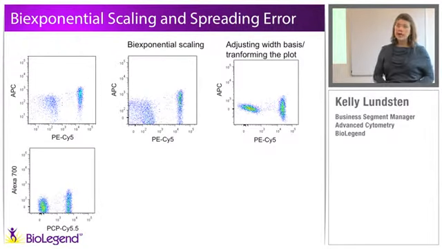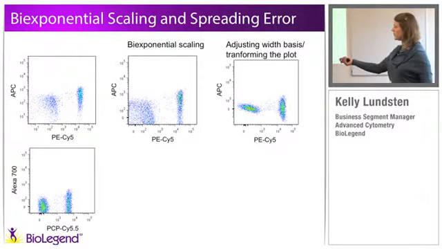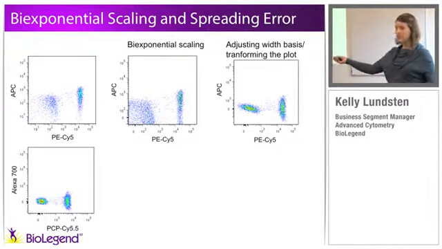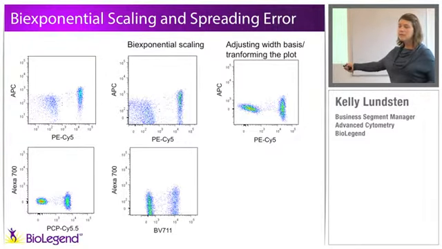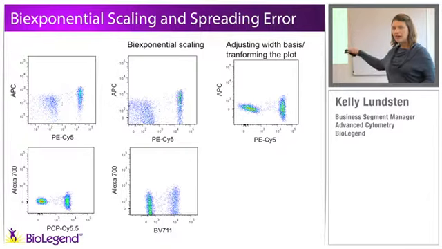So this is going to be true for any two fluorophore pairs where there is significant overlap. So in this instance, it's PerCP-Cy5.5 versus Alexa 700. This is Biexponential scaling and then transformed. BV711 versus Alexa 700. There's not a lot of spillover between these channels. But the PMT voltages that are applied to each of these PMTs often have a high disparity. And that's a way in which we create an unrealistic comp value. And spreading error is a direct reflection of a high comp value.